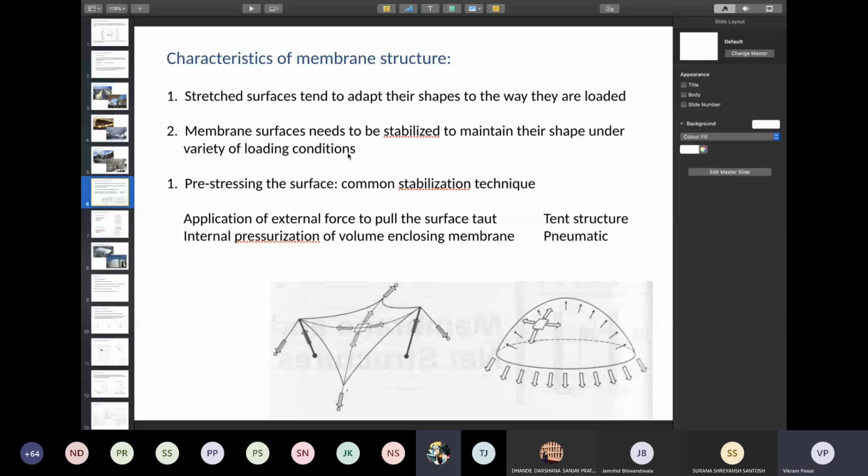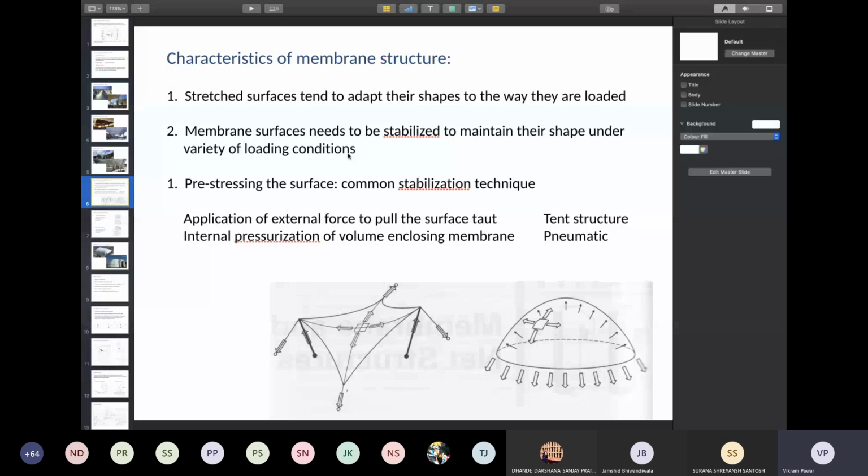So you have to think about tensile structures both ways. They do have some gravitational load, but the gravitational load is not going to be as much of a concern as it is with regular structures. Whereas in tensile structures, you have to think about uplift, that the structure will get blown away with the wind.